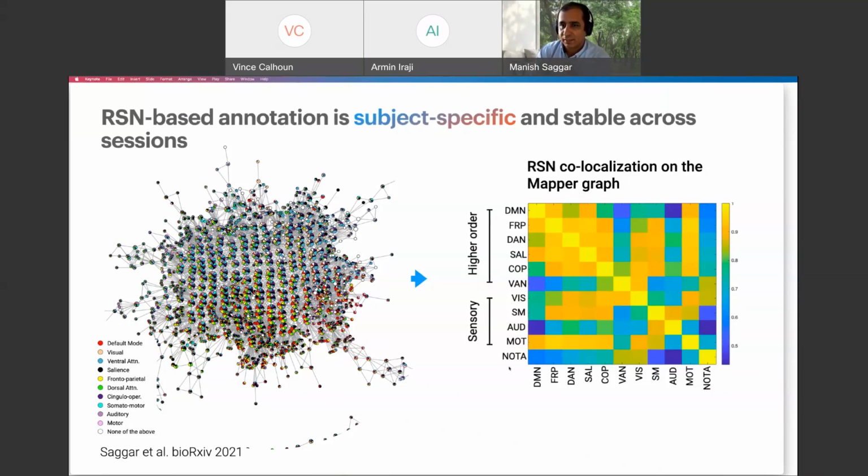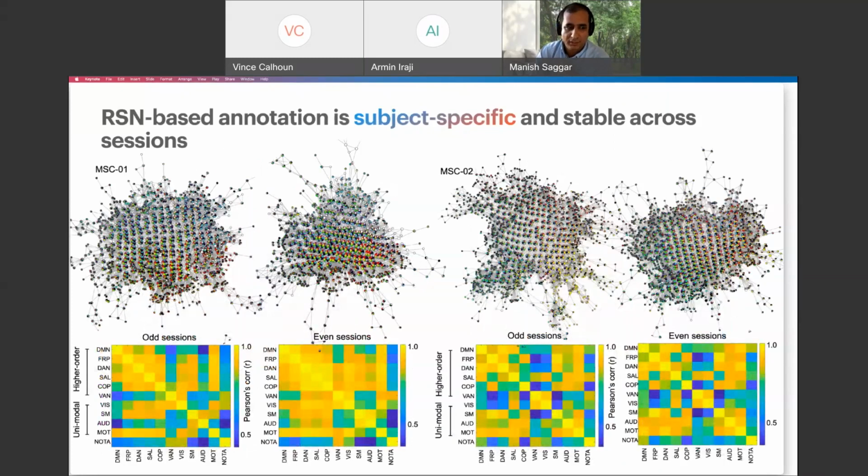And when you look at these co-localization similarity networks, meaning which networks are up or down together, across sessions for each subject separately, we found that within a subject, the similarity matrices are very, very similar. So for example, in this case, these are odd and even sessions. You'll see default mode network here, ventral attention on top, auditory on the right-hand side, or left-hand side for even sessions versus odd sessions.